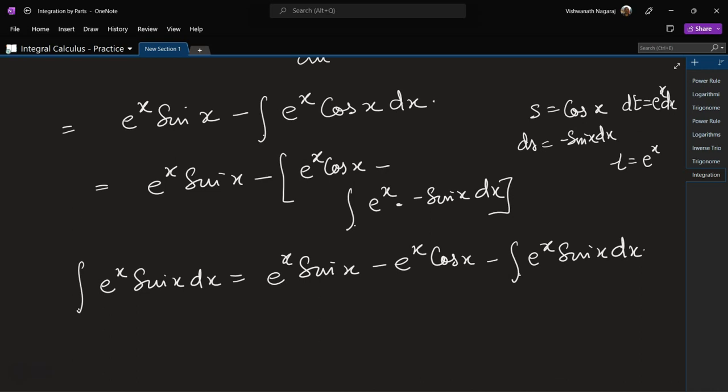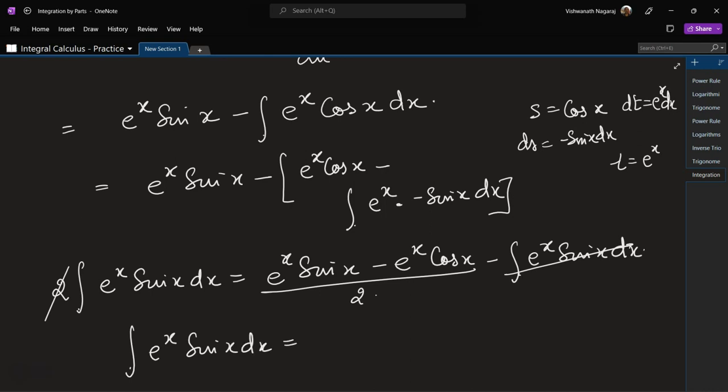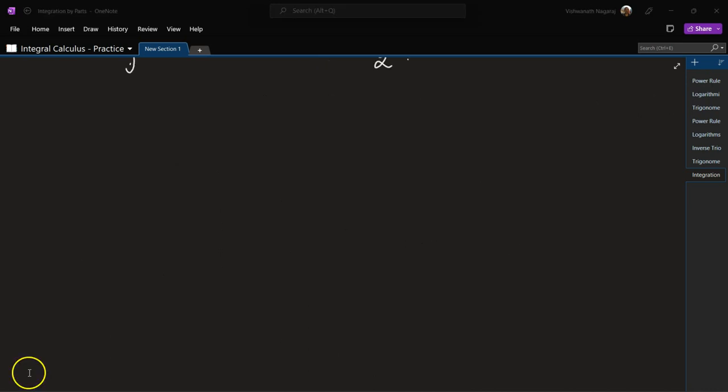So here we have e to the power of x sine x, here we have e to the power of x sine x. So if we bring it to this side, this becomes 2 times, and then this 2 can be brought back here and divided by 2. So integral of e to the power of x sine x dx would be e to the power of x by 2, common, sine x minus cos x, plus c. So that is the integral.